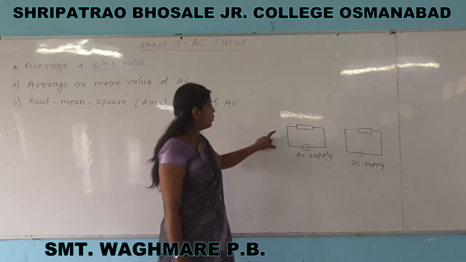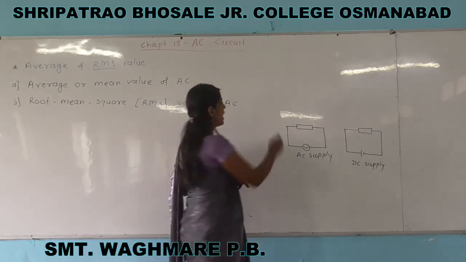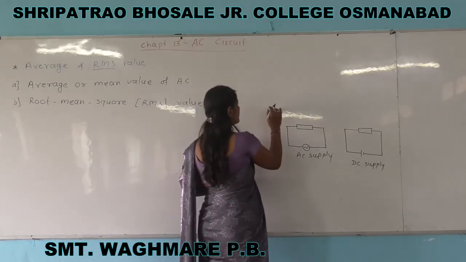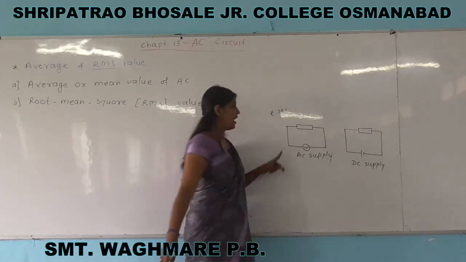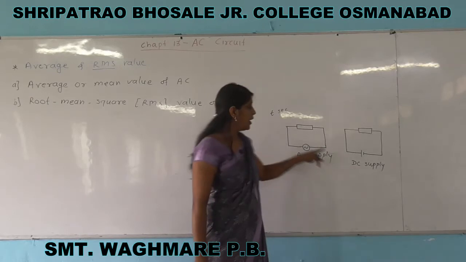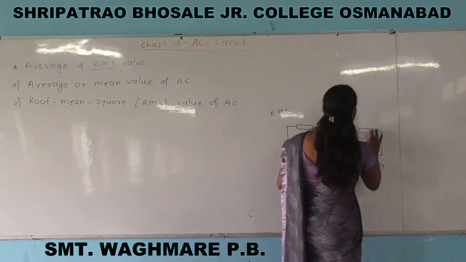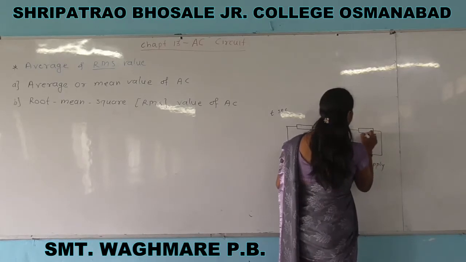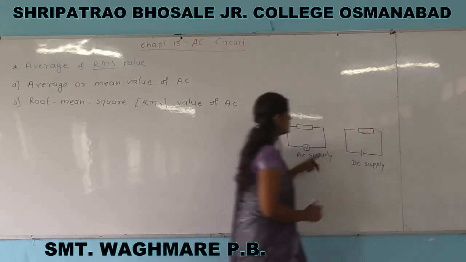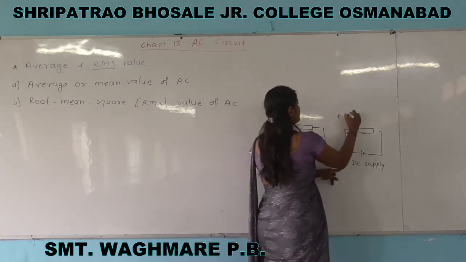When we give an AC supply to a device for a time t second, and when we give a DC supply to the same device, the resistance of this device is the same, and therefore the same device for a time t second.